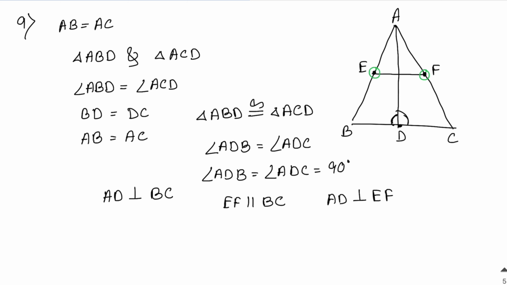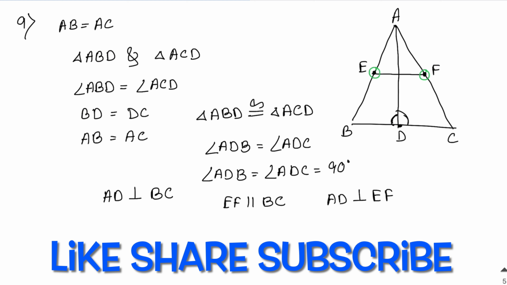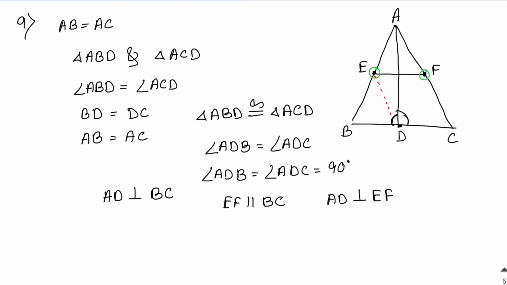Now the second one, you have to show that AD bisects EF. Now for the next part, first you have to join this one. So if you join DE and DF, here you can see that D and E are the midpoints. That means you can write down DE is parallel to AF or AC.